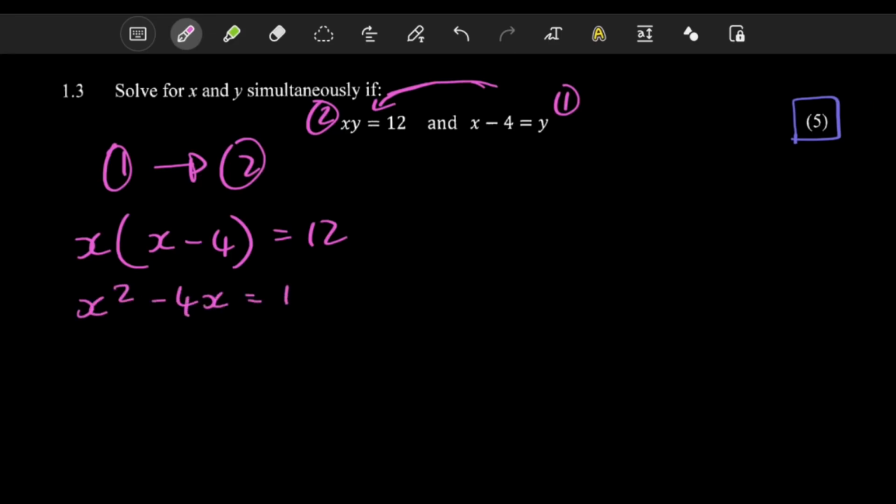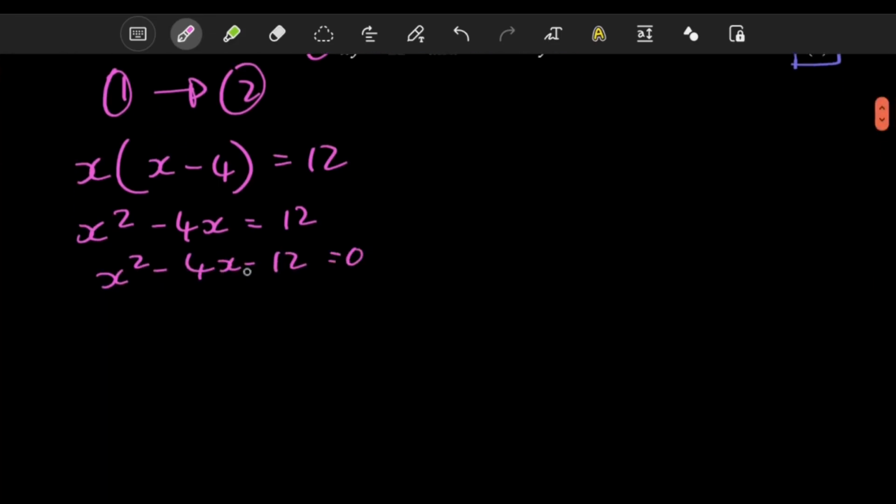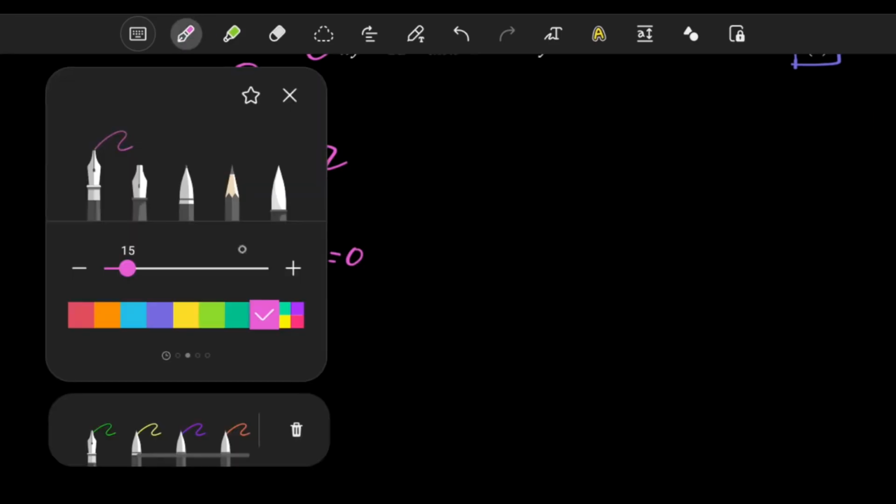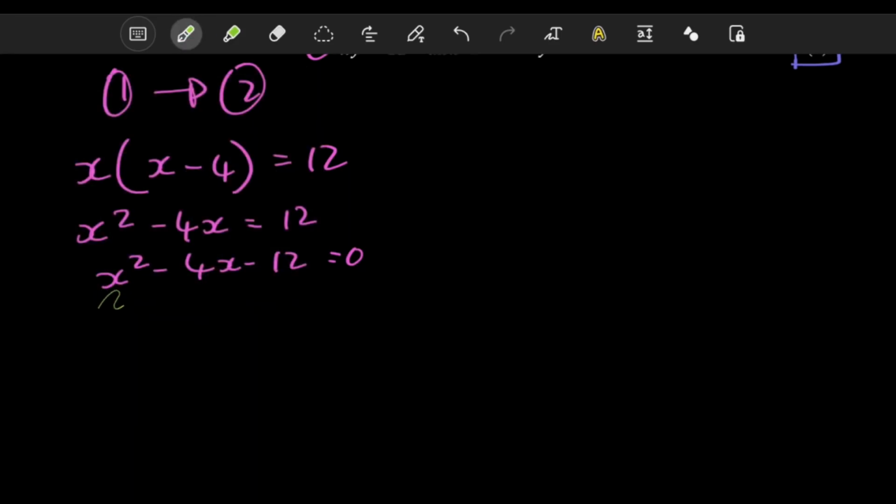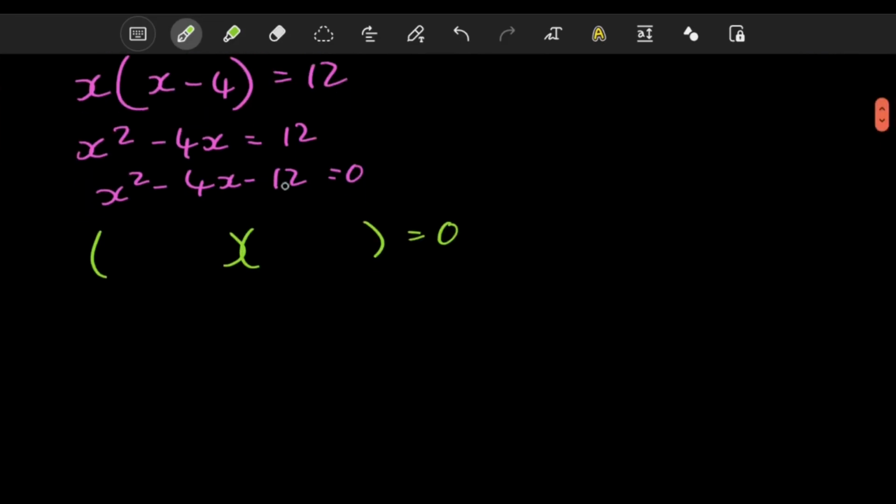Scenarios like this, just keep calm and simplify nicely. Don't get too excited, because what is the point of getting excited and then losing marks for no reason? Here you can also do normal factorization, because I think I use the quadratic equation a bit too much. So whenever I don't have to, I should try not to. Factors of 12 that can give you a 4, I'm thinking of 6 and 2, because 6 times 2 gives you 12.